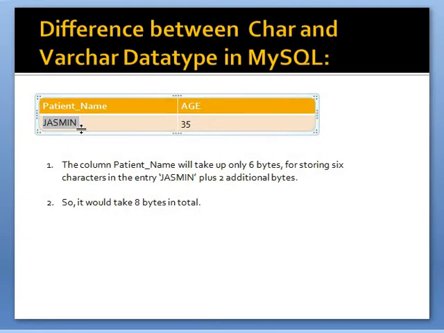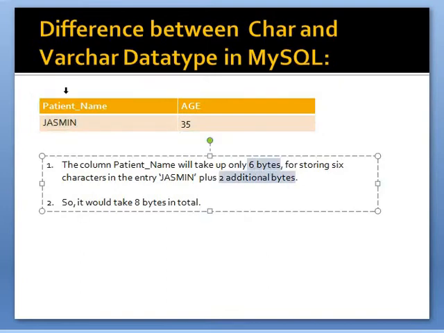And after that, it's going to take only 2 additional bytes. So 6 bytes will be for the entry called Jasmine, which is having 6 characters, and then it's going to take 2 additional bytes, and that gives a total of 8 bytes in total.